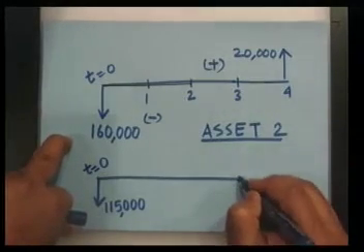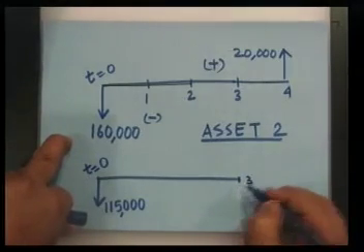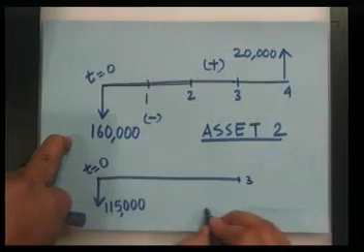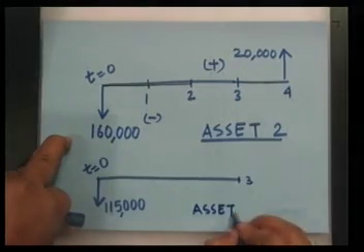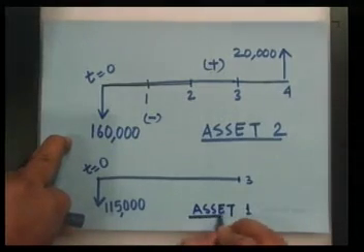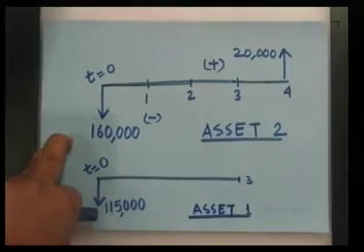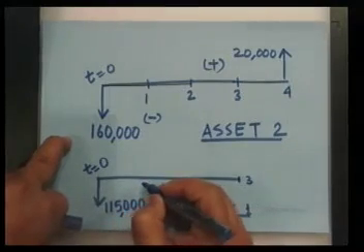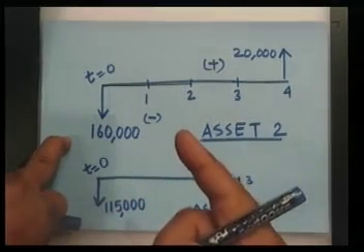It has no salvage value at the end of year 3, because if you see for asset 1, it has got a life of 3 years only, 1 year shorter than asset A2, but it also has extra operating cost.